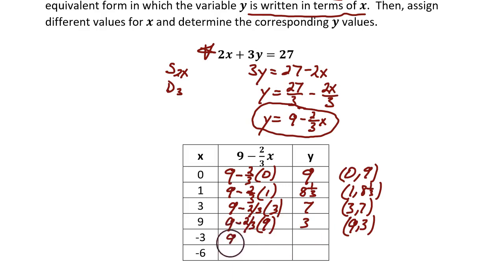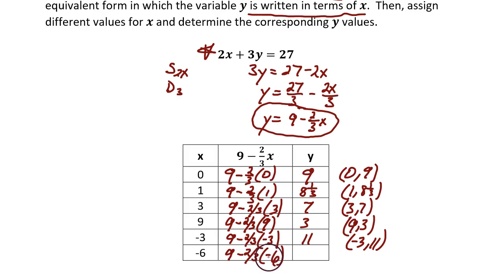Now -3. Negative times negative is positive, and 2/3 of 3 is 2. 9 plus 2 is 11. -3, 11 is a solution to the equation. One more. 9 minus 2/3 times -6.